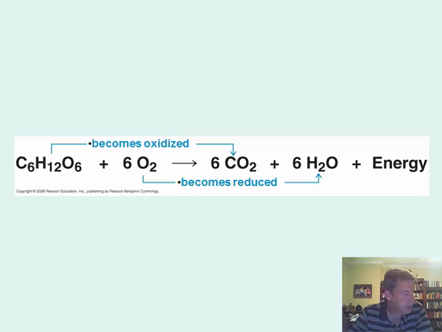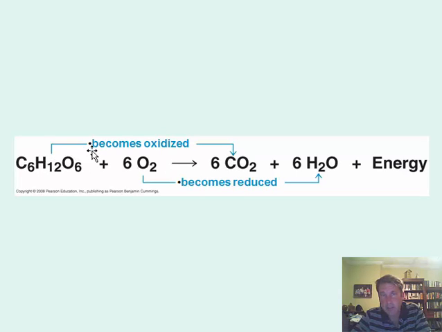All right, before we get into the steps, this is an overview right here of cellular respiration. Before we get into all the steps of the breakdown of our fuel molecule, we want to mention those electron carriers.